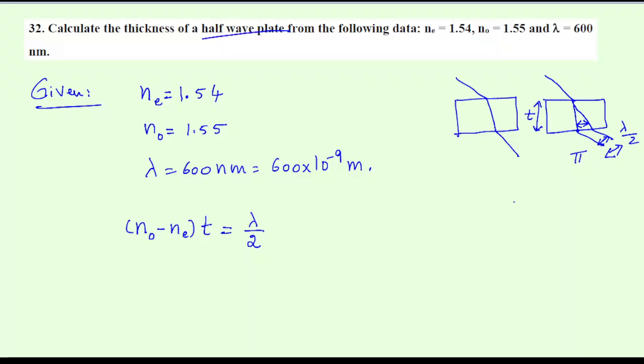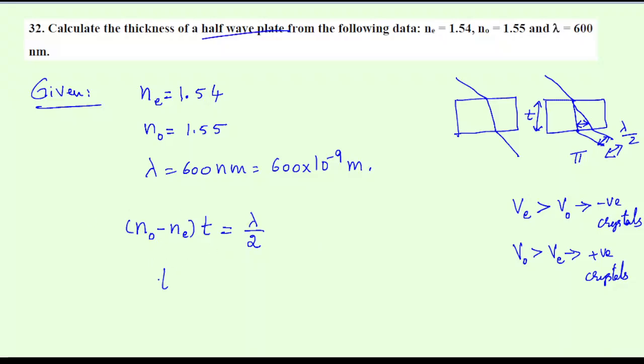Velocity of extraordinary ray is greater than velocity of ordinary ray in case of negative crystals. Velocity of ordinary ray is greater than velocity of extraordinary ray in case of positive type of crystals. Okay, these theory concepts apart, let's try to solve this problem.